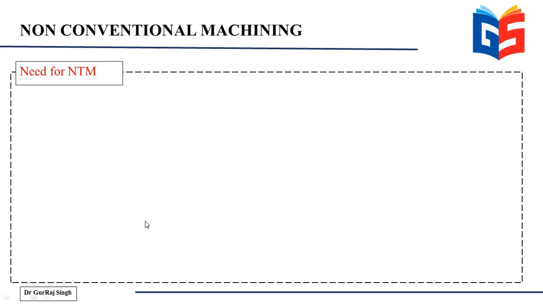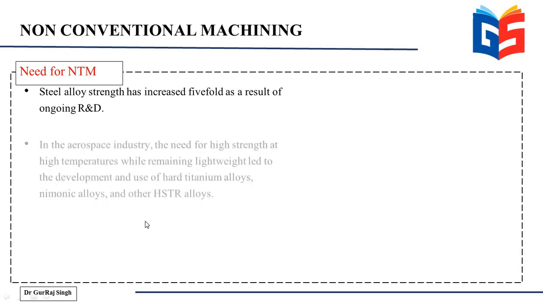So what is the need for non-traditional machining now? We know that the strength of steel alloys has increased over 5-fold as a result of ongoing research and development, and that has led to the development of non-traditional cutting methods.